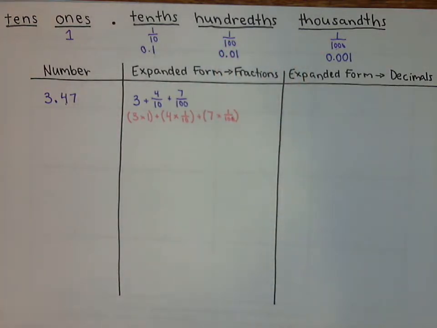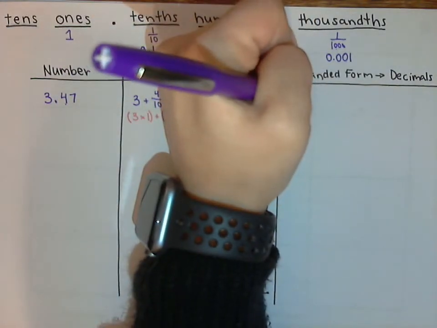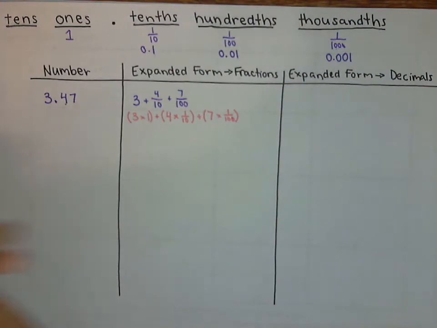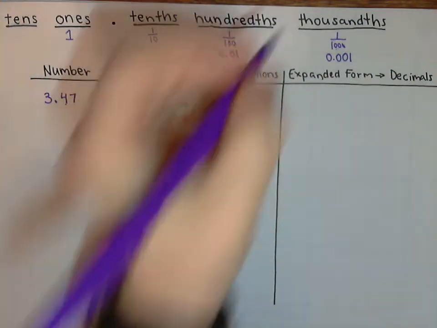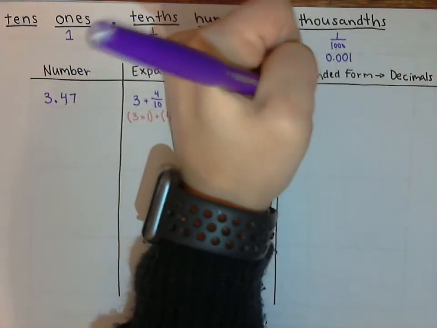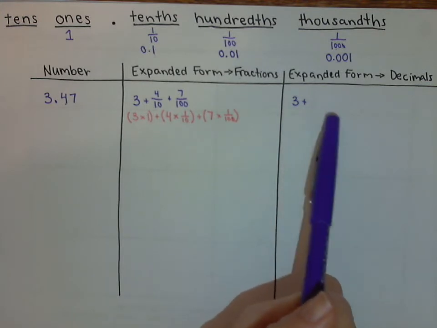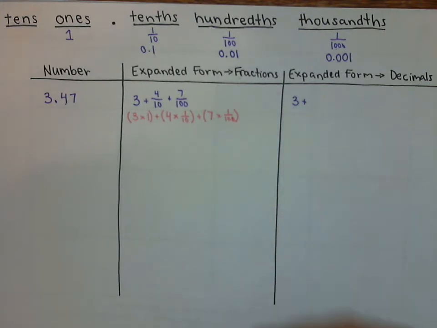Okay, I can also do the same thing with decimals. So 3 47/100, again, if I'm writing it in expanded form using decimals, instead of the fraction, I would write a decimal. So I still have 3 wholes. And for that, I don't need to put the decimal point with a 0 placeholder in the tenths. I can, but it's not necessary.